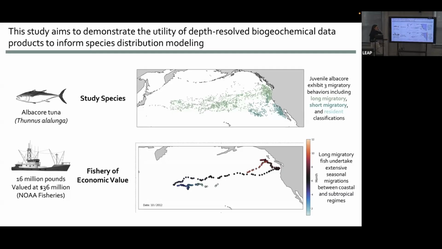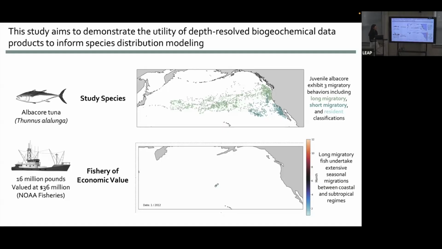I recently read a paper that said in a single day, a juvenile albacore tuna can travel upwards of 6 miles just in vertical travel. So the endurance is quite impressive for these fish.